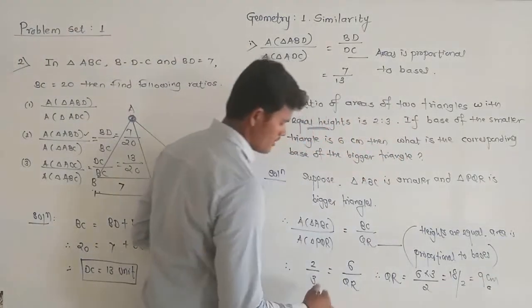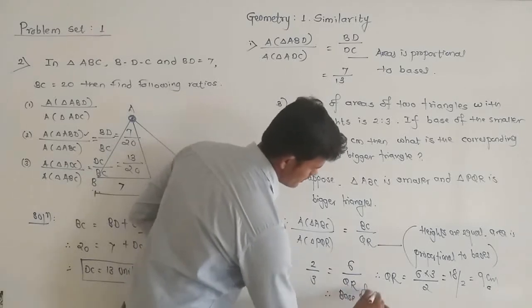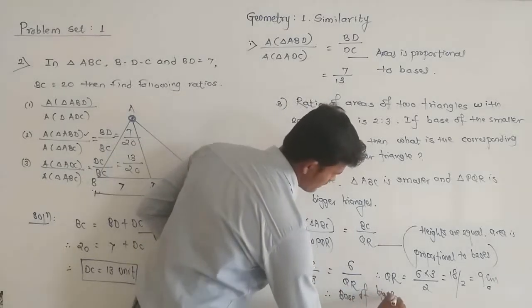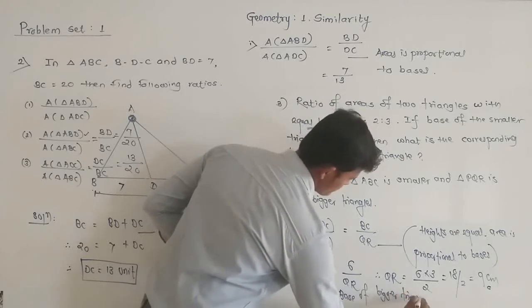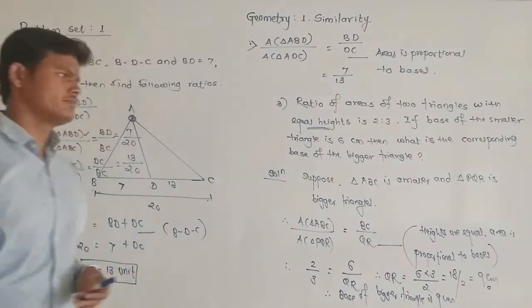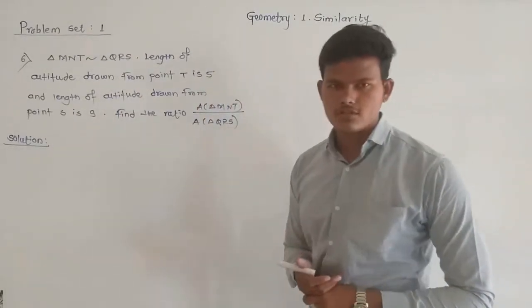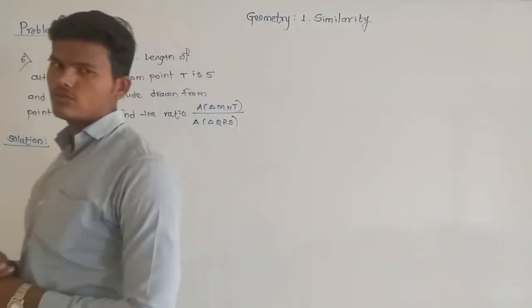So write down the final statement, that is, base of bigger triangle is 9 centimeter.